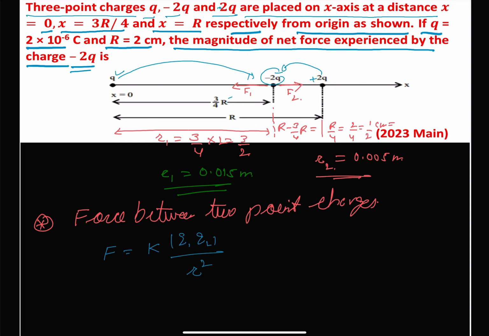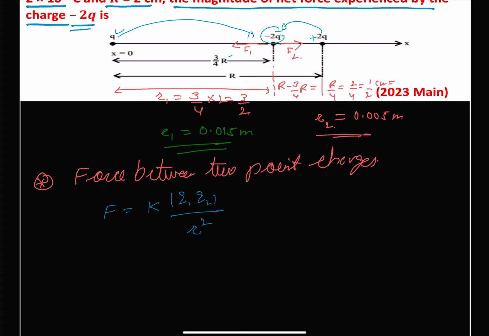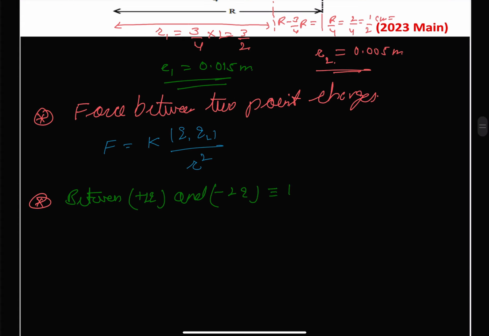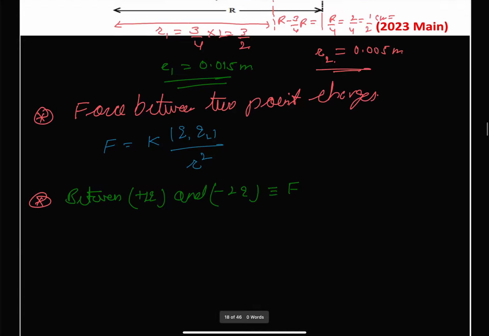So we can apply this formula according to the forces: between plus 2Q and minus 2Q, we call that force F2, and between plus Q and minus 2Q, we call that F1. Okay, let us do F2 first.